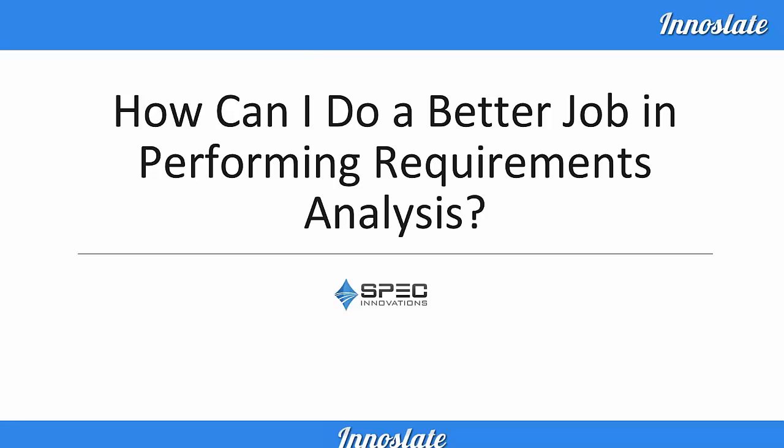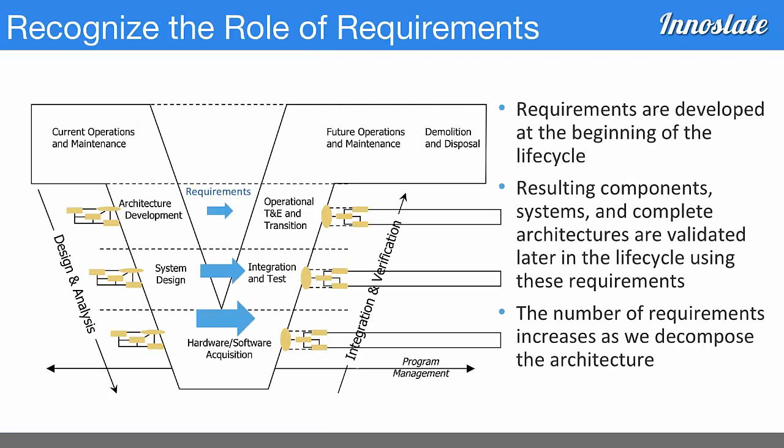So how can we do a better job performing requirements analysis? First, we have to recognize the role of the requirements. You start with the life cycle. At the top, I'm starting by trying to understand what the problems are in the current operations and maintenance phase. As I come down, I decide I need to build something, do something to solve a particular problem.